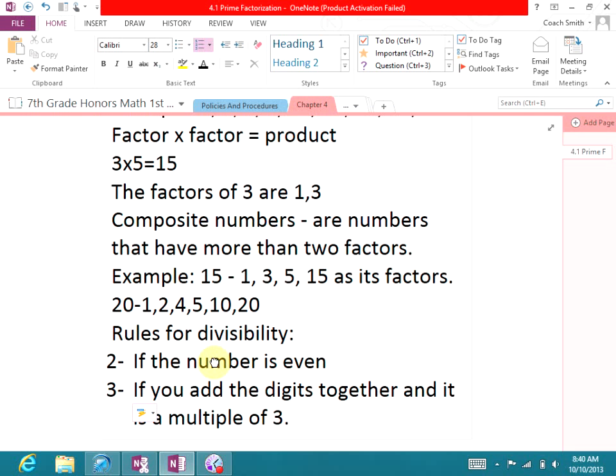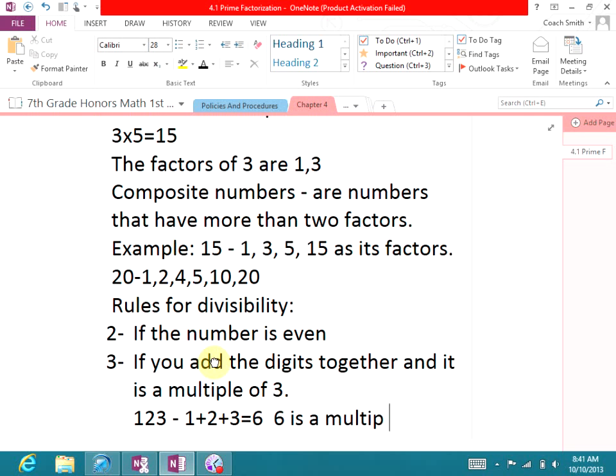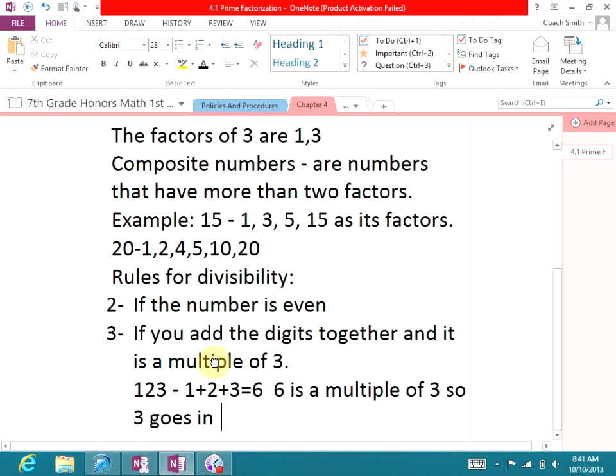If we take 1 plus 2 plus 3, 1 plus 2 is 3, plus 3 more is 6. 6 is a multiple of 3, so 3 goes into 123. That's the rule for 3.